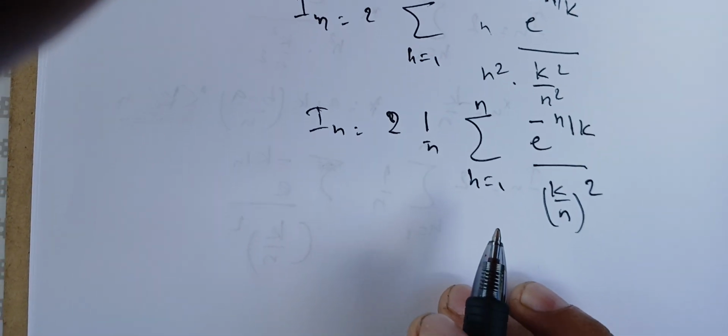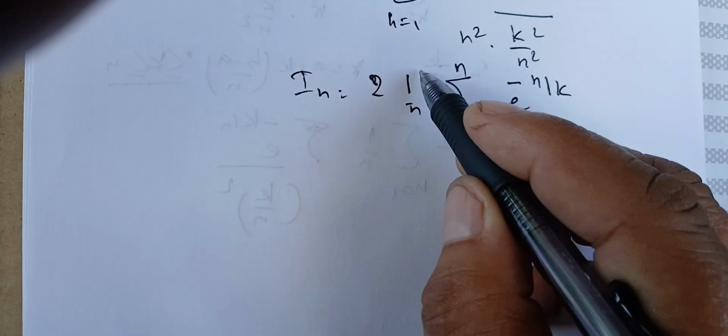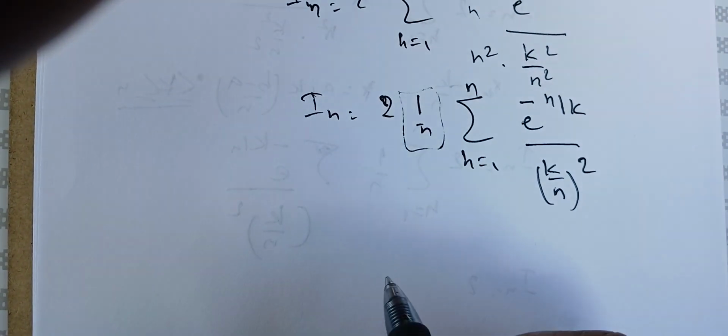Okay, now this looks like some Riemann sum, with the 1 over n that I need. Now I can take the function.